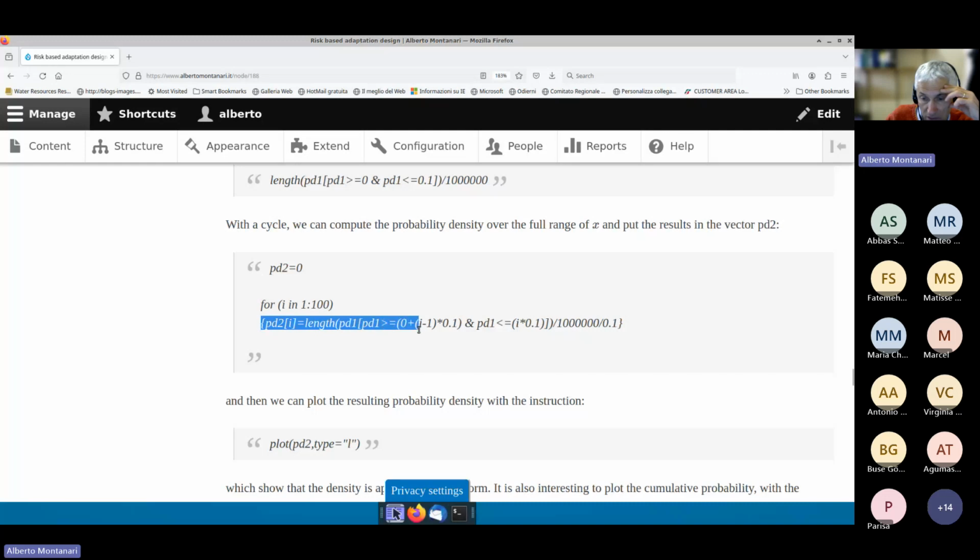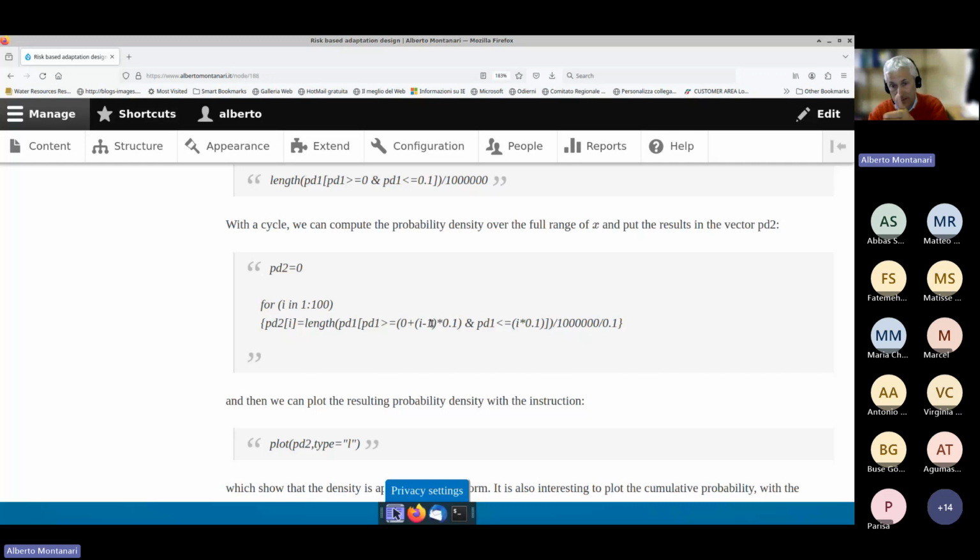The condition is expressed depending on the index I. I is varying each cycle. In the first routine, you get I equal 1. In the second round, you get I equal 2. In the third round, I equal 3, up to 100. And then you see that the position of the interval depends on the variable I.